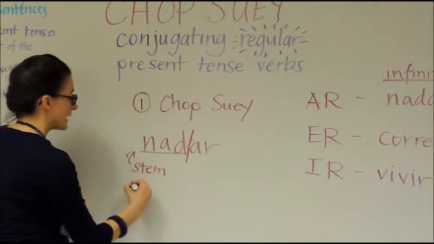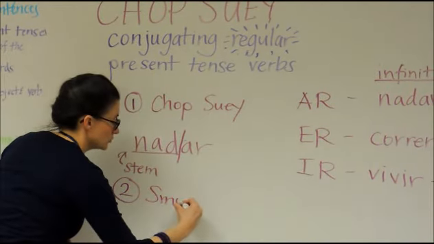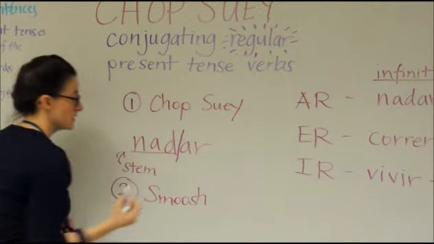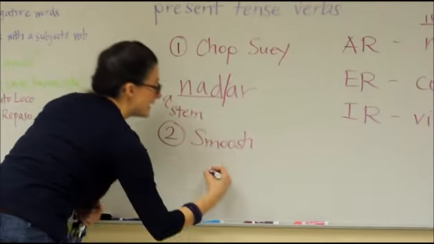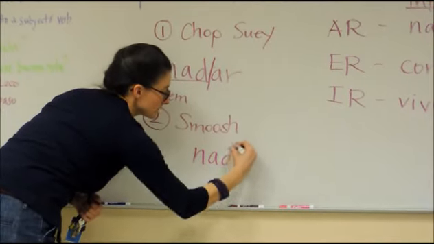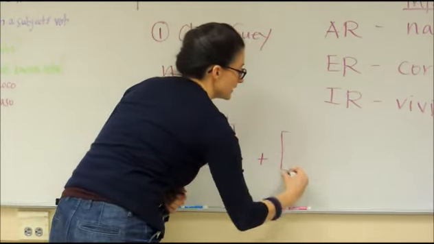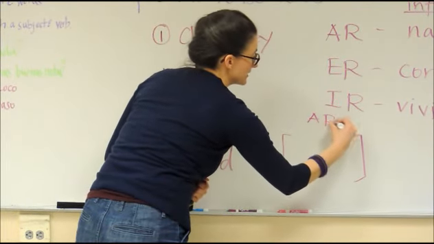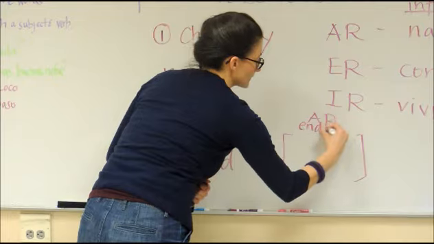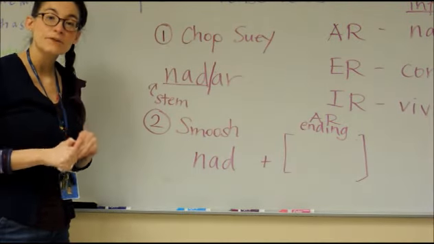Now we come to part 2, the smoosh part. Smoosh happens with this. You take the stem and you add the ending. Here it's the AR ending. And you already know the AR endings, right?